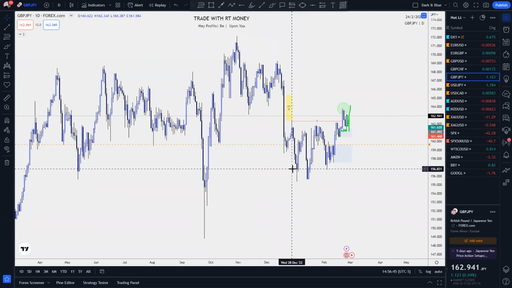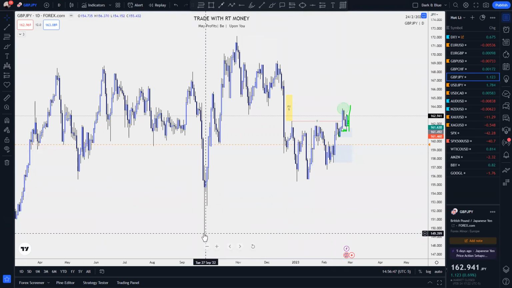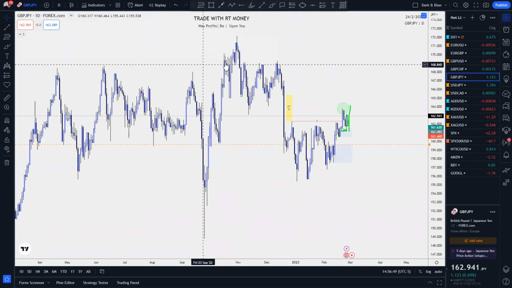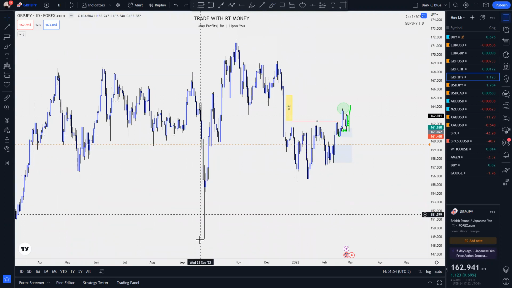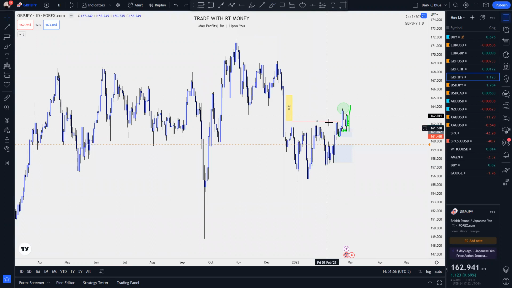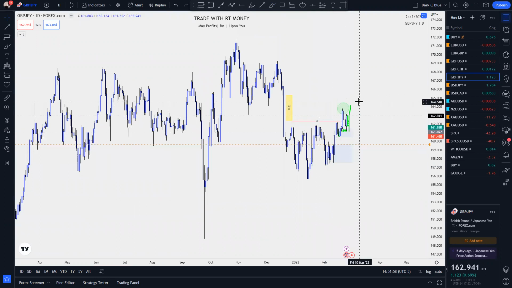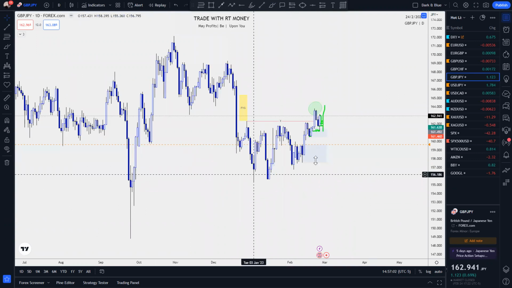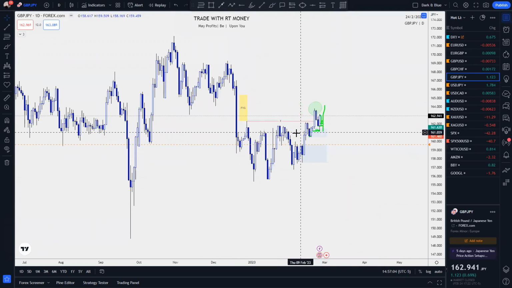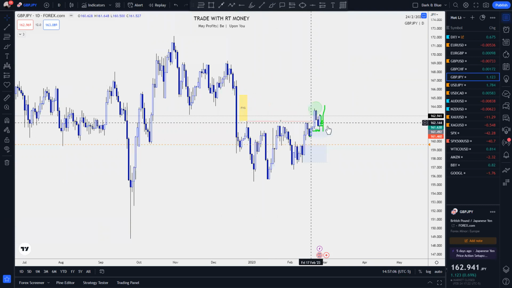Is this going to end up as a higher low? You see how this low here breaks these highs. We respect the low, and now we're breaking to the upside. So this could mean a very nice reversal in this market, and we're probably going to see the pound outperform the yen.